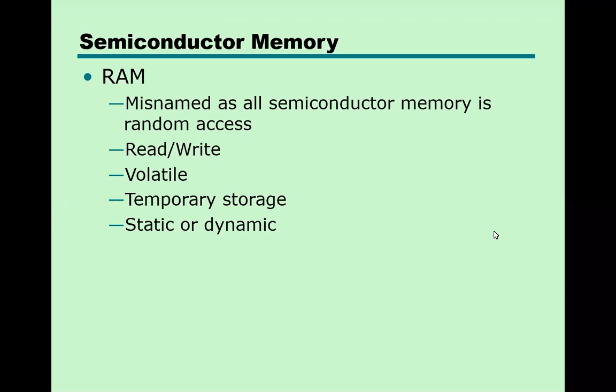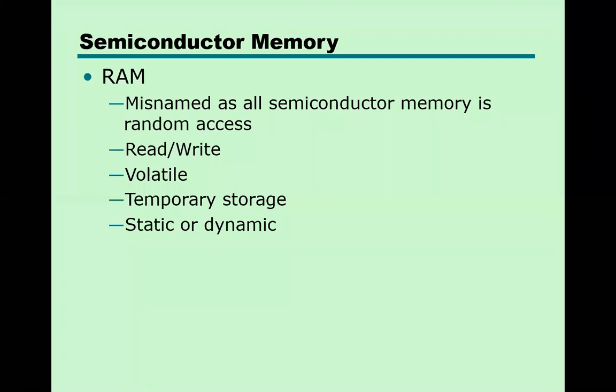Yes. So until and unless there is a power supply, your data will be there in a RAM, right? But as soon as there is no power supply, your computer turns off, your data vanishes, right? So until and unless you are giving a power supply, the data will be there.